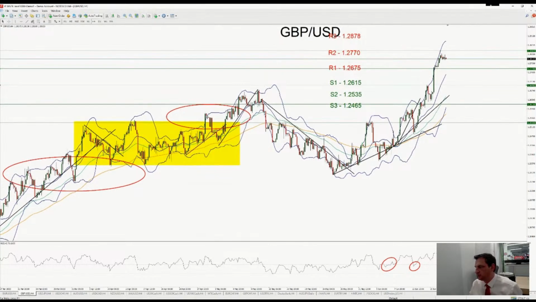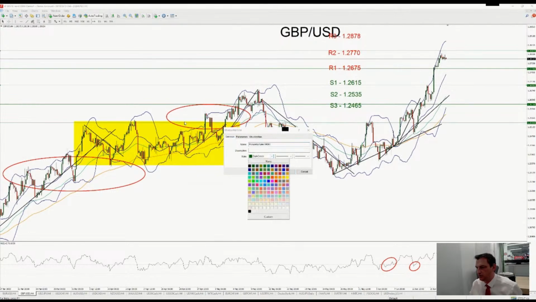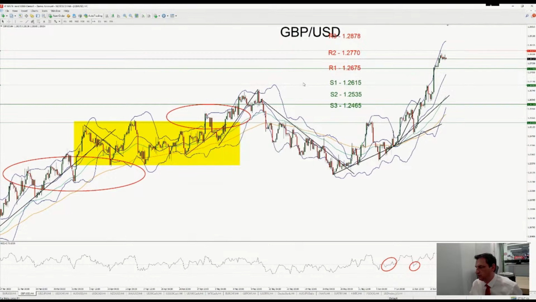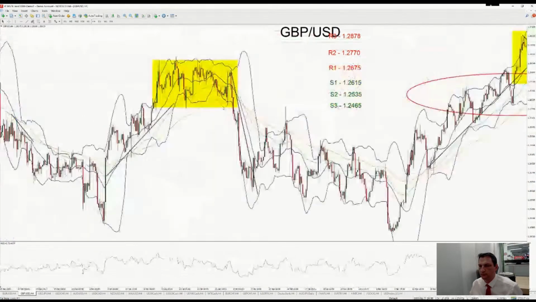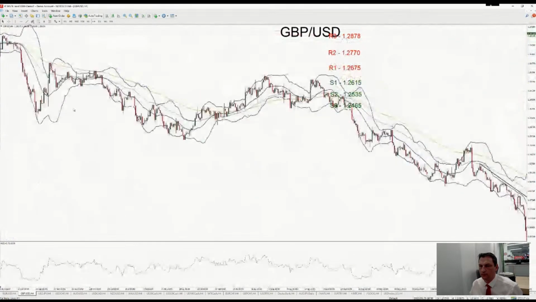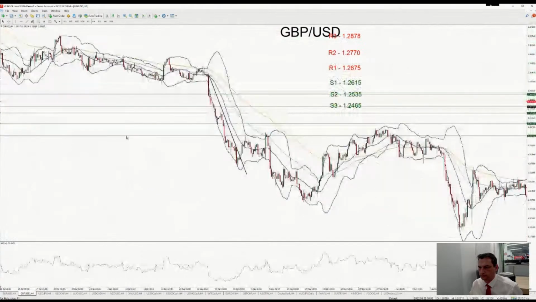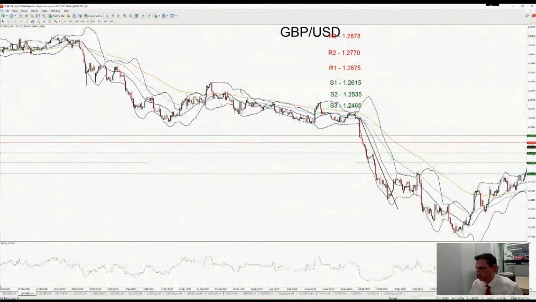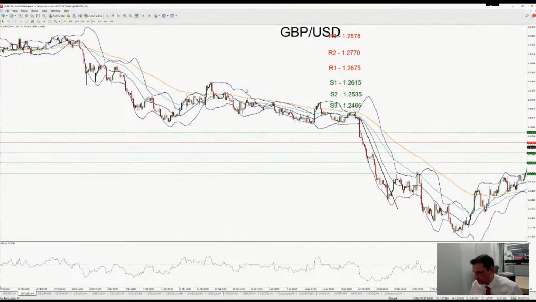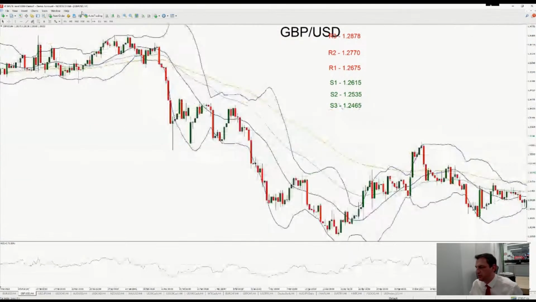And let's turn this into a resistance line. Let's go hunting for new resistance levels. Zooming in.